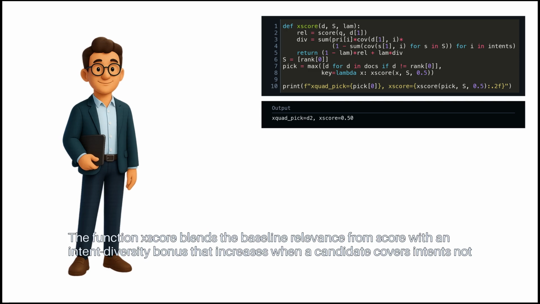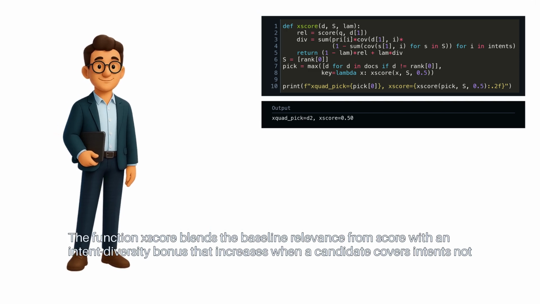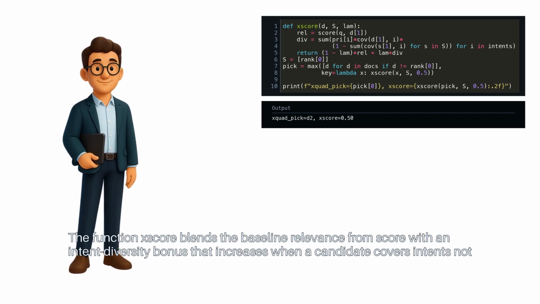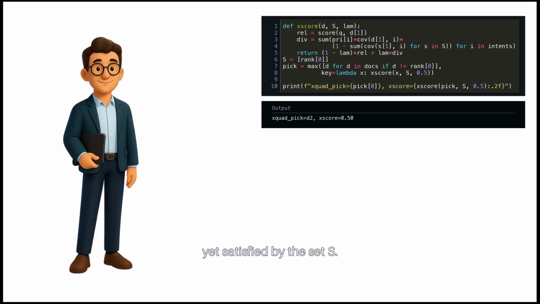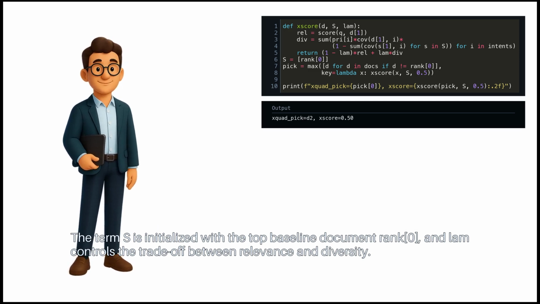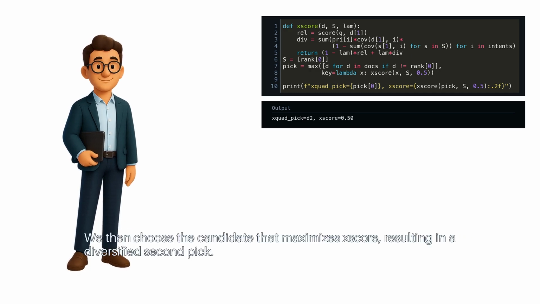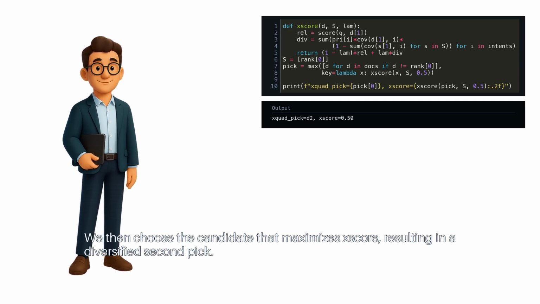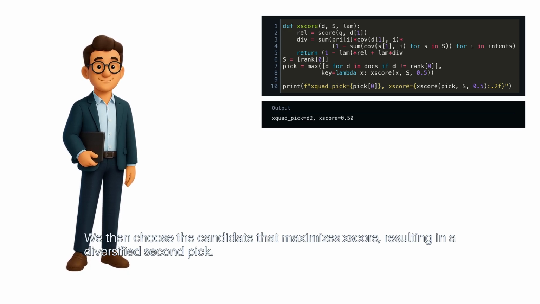The function xScore blends the baseline relevance from score with an intent diversity bonus that increases when a candidate covers intents not yet satisfied by the set S. The term S is initialized with the top baseline document, rank 0, and lam controls the trade-off between relevance and diversity. We then choose the candidate that maximizes xScore, resulting in a diversified second pick.